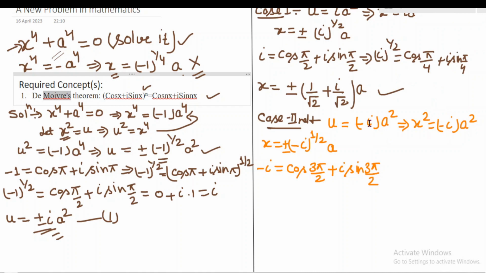So why have we chosen this? Because the value of cos 3 pi by 2 is 0, and the value of sin 3 pi by 2 is minus 1. So as a result we will have minus i. So in the next step we will have minus i to the power 1 by 2.